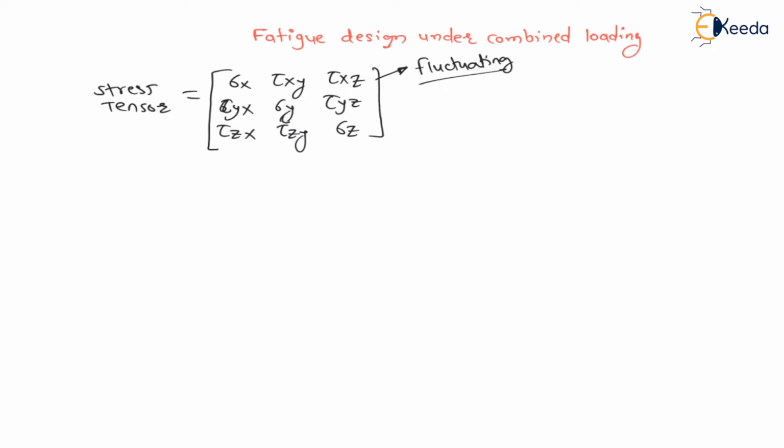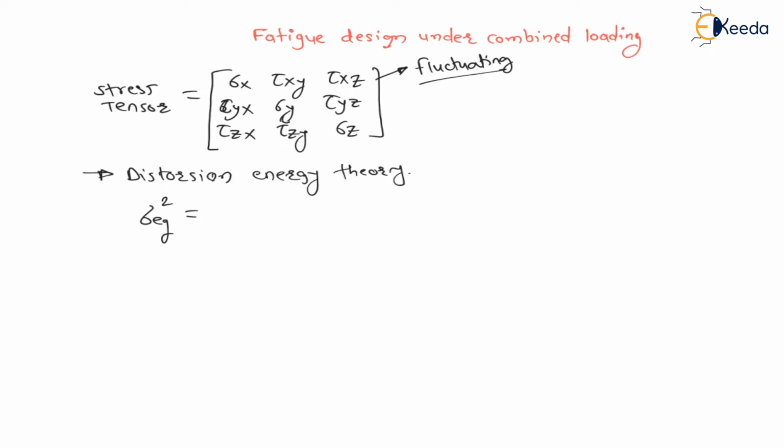Now for solving such problems we are using distortion energy theory, and as per distortion energy theory, the equivalent stress, that is sigma equivalent square, is equal to this formula we have derived in theories of failure. If you go back to the theories of failure topics, you will find this derivation.